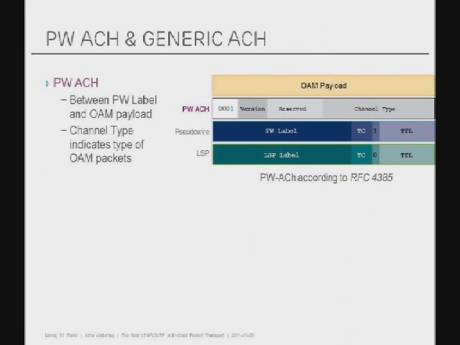So how does it look? I'm sure you recognize this stack: an LSP label, a pseudo-wire label, and then on top of that, in a typical pseudo-wire environment, you will get first the control word. And the control word always starts with 4 zeros.